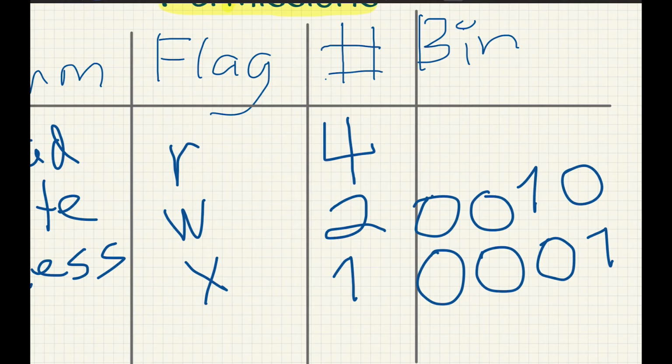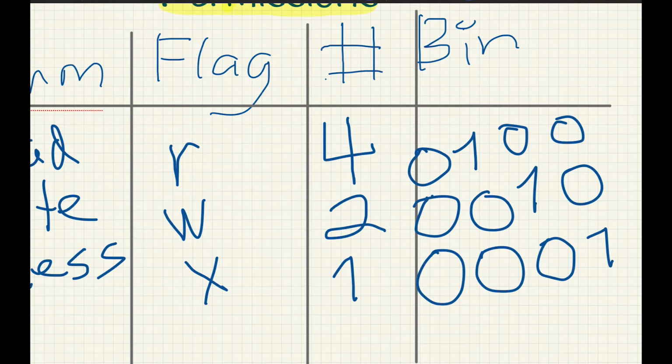And notice that we don't have a 3. We have a 1, we have a 2, and we have a 4. Why is that? Well, if we convert the 4 to binary, then we get 0, 1, 0, 0. So a pattern emerges.